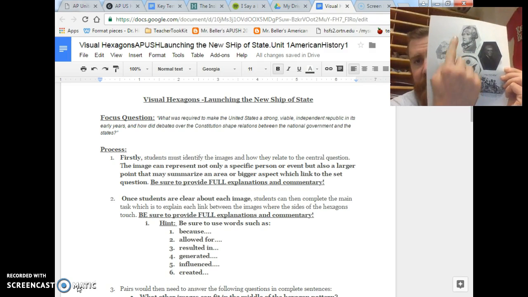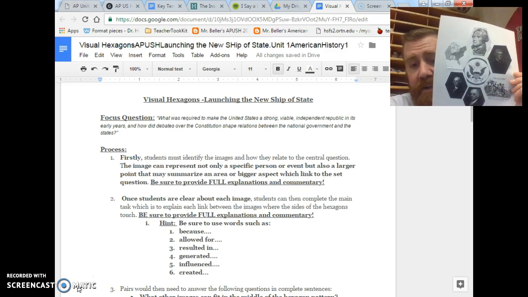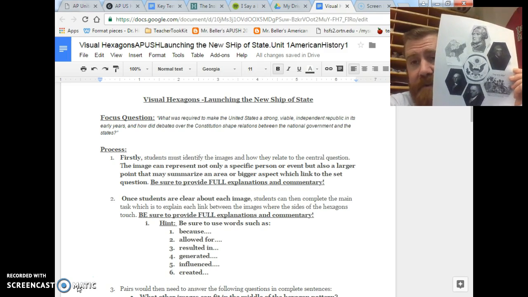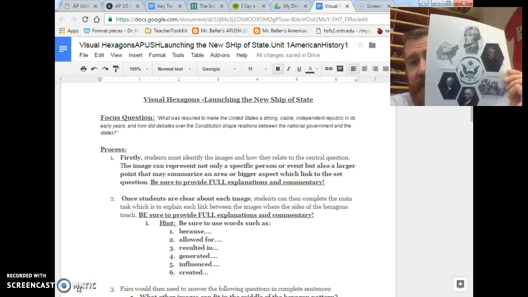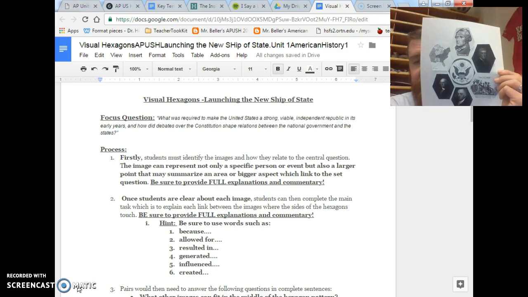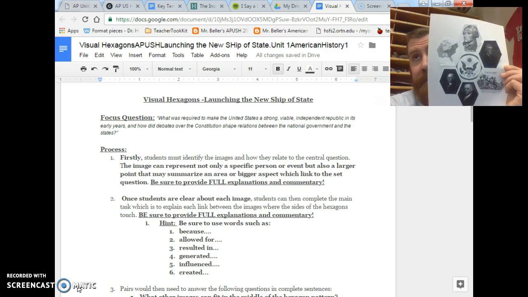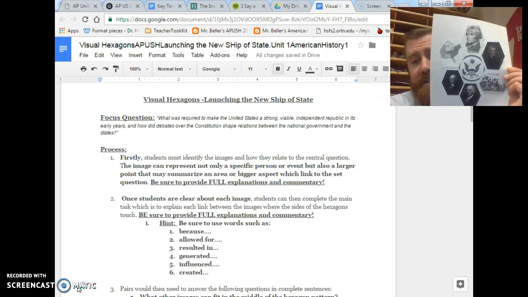For instance, at my 12 o'clock, I have a picture of Alexander Hamilton. He could represent Alexander Hamilton, the person. You could identify this as part of the Federalists. You could look at this as advocates for a strong national government. You could look at this with Hamilton's economic or financial plan. The possibilities are not endless, but you have a lot of flexibility with this first step.